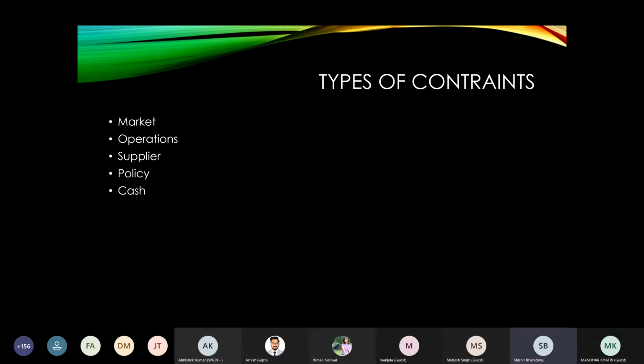If you have an operations constraint, meaning a production constraint or a logistics constraint, you will use our TOC-based drum buffer rope and rapid replenishment methodologies. If you have a supplier problem, you will again use a rapid replenishment policy. If you have a policy constraint, you will use the thinking methodology.